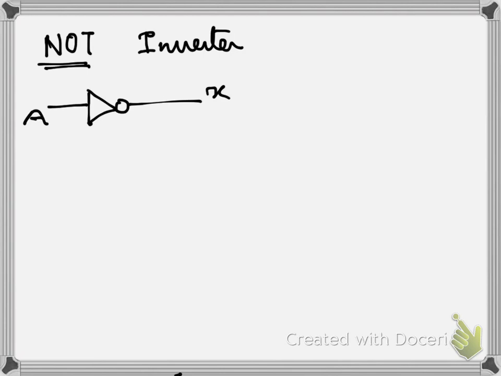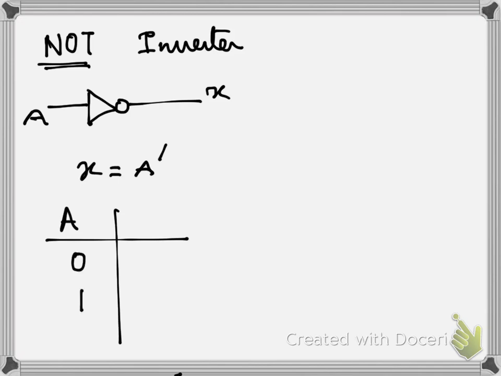The algebraic expression is X equals A dash. This is also known as the complement, A complement or A dash. The truth table has only one input, 0 and 1, and X. If A is 0, X would be 1. If A is 1, X would be 0.